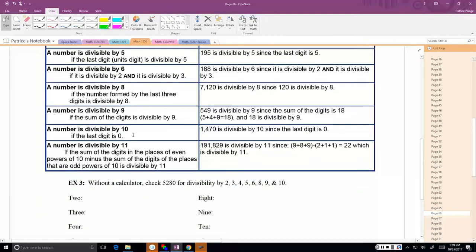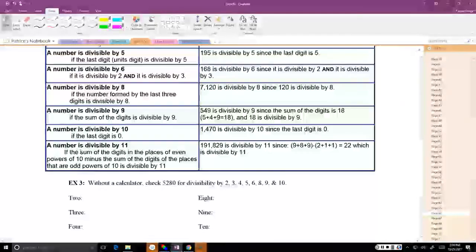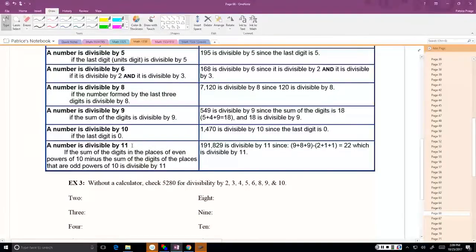Okay. So it says, if the sum of the digits in the places of even powers of 10 minus the sum of the digits of the places that are odd powers of 10 is divisible by 11, then the whole number is divisible by 11. So first, before we even look at that, what numbers are divisible by 11?